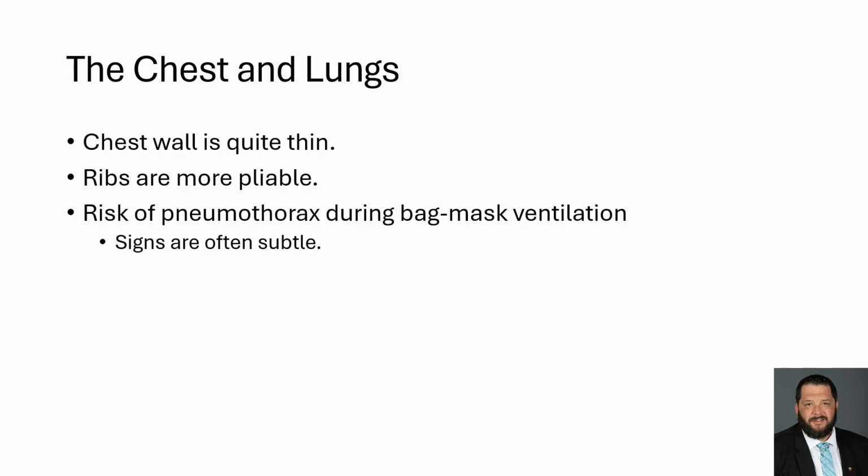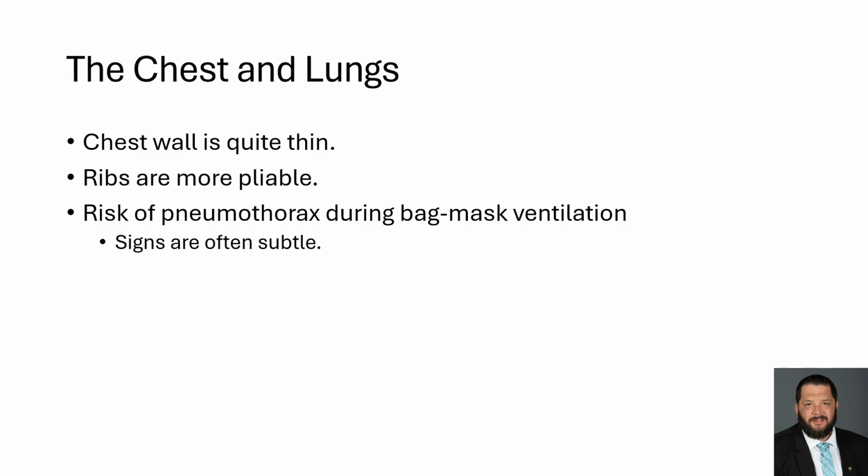Chest and lungs. The chest wall is quite thin for pediatric patients, and the ribs are significantly more pliable. We talked about this some in airway and some in neonatology. The risk of pneumothoraces during bag valve mask ventilation is higher in younger patients. This is twofold.